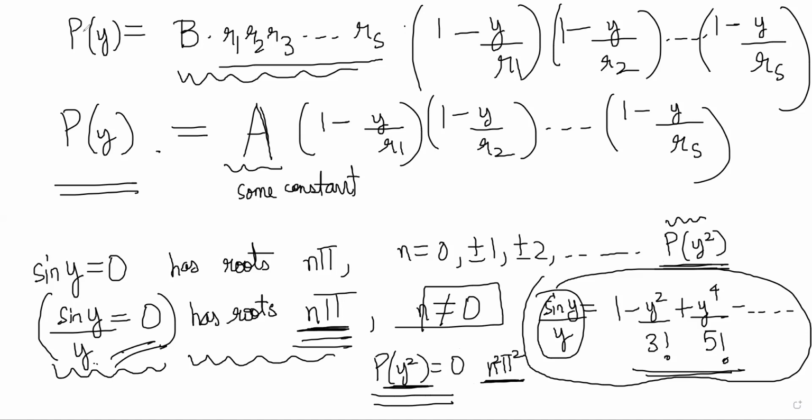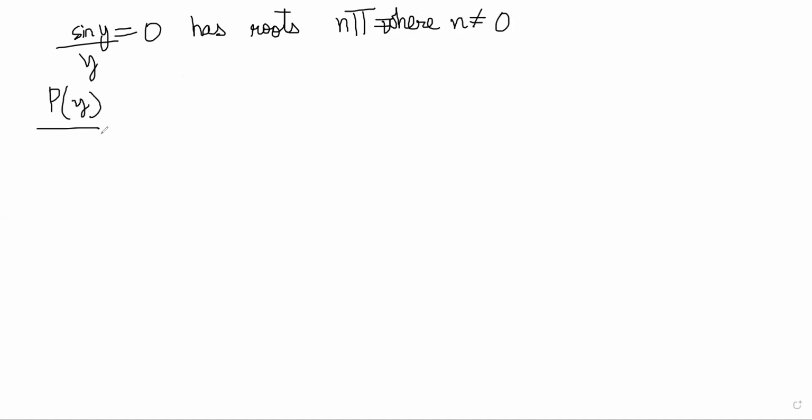Because sine y by y equal to 0 has roots n pi, where n is not equal to 0, and sine y by y was thought of as the polynomial p of y. But we can think that this p of y is technically a polynomial in y square, right?